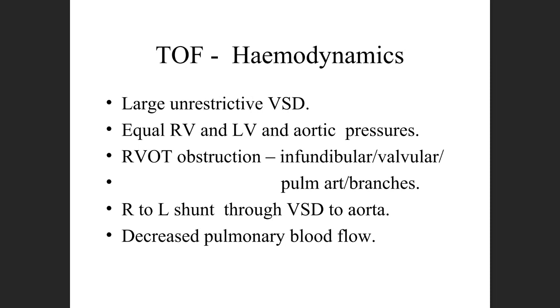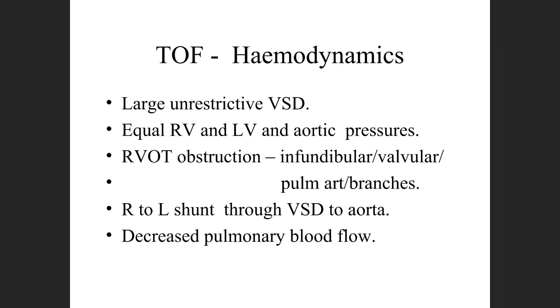The obstruction of the right ventricular outflow tract may be at the level of the infundibulum, which is that part of the right ventricle just below the pulmonary valve, or it may be at the level of the valve, or at the level of the pulmonary artery and branches.